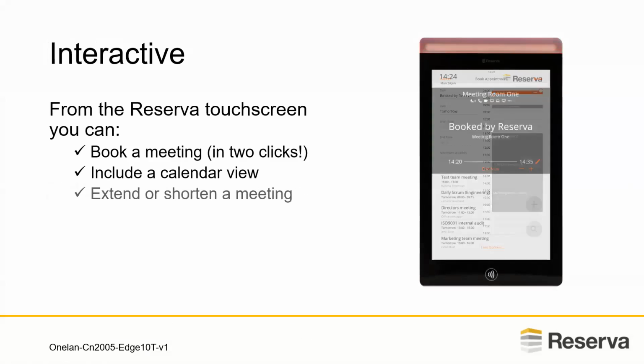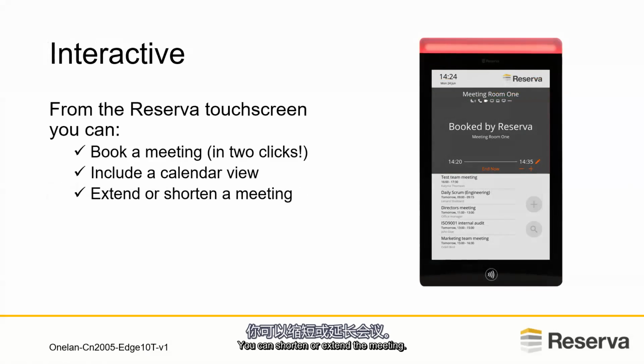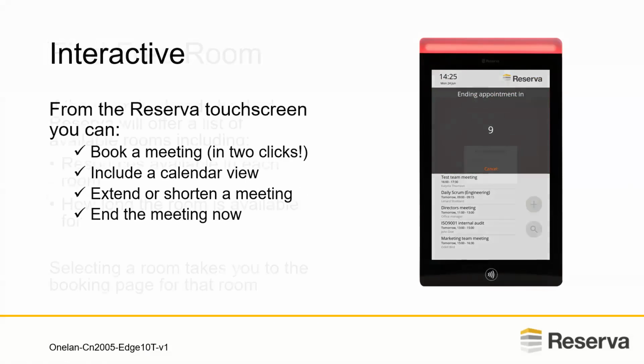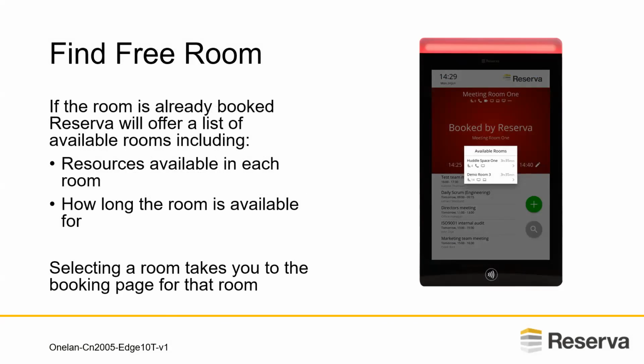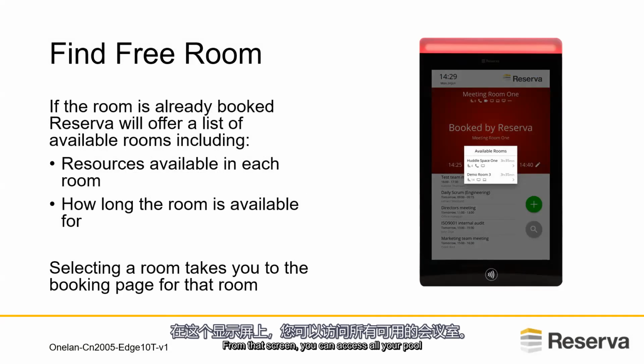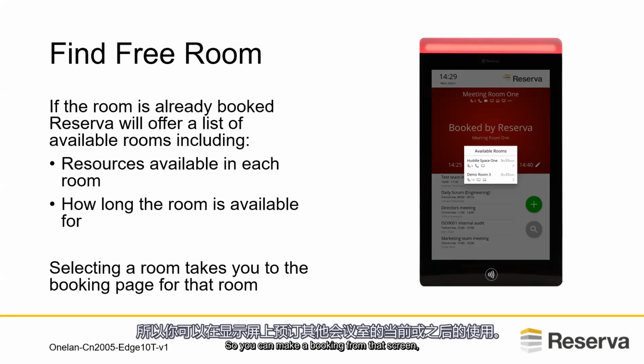And you can shorten or extend the meeting. You can end the meeting. And you can also find a free room. From that screen, you can access all your pool of available rooms in your organization. So you can make a booking from that screen for now or for later in another room.